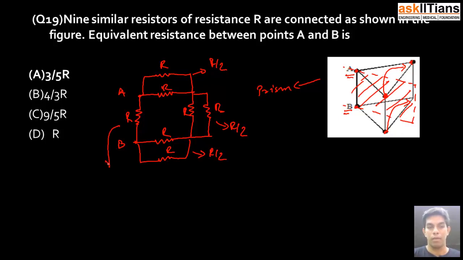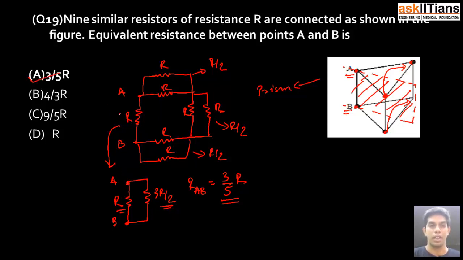The next step in drawing an equivalent circuit diagram is this. This is R, points A and B, and this is 3R by 2. If you now want to find the equivalent resistance between points A and B, these two are in parallel, and if we solve it, we will get 3 by 5R as the equivalent resistance between points A and B.